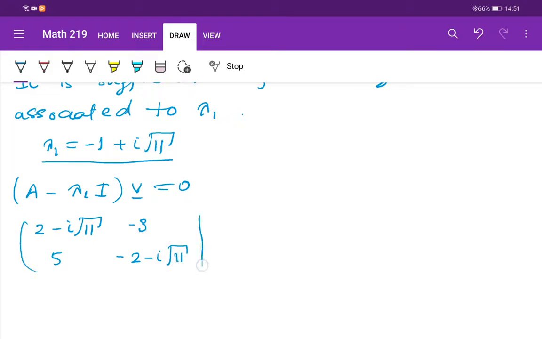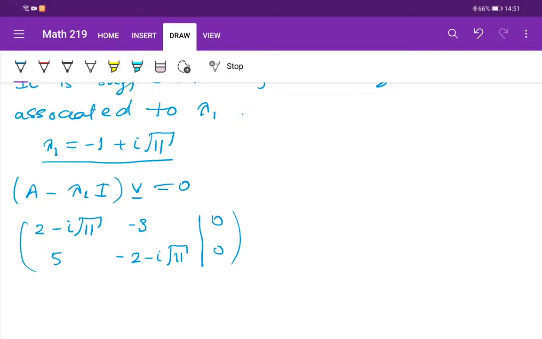Okay, so this is the augmented matrix of our homogeneous equation, and we try to transform the 2 by 2 matrix on the left into row echelon form. So you proceed exactly as before.